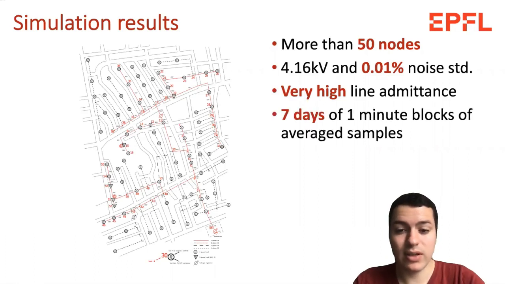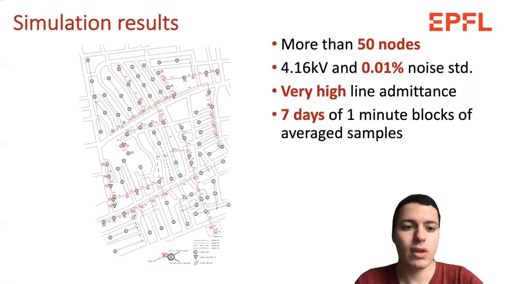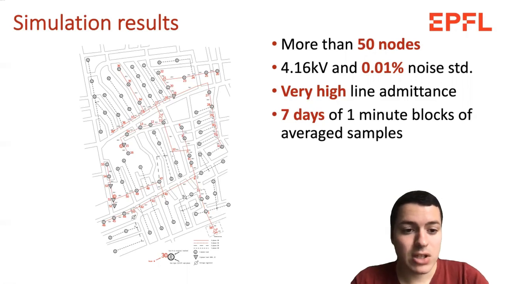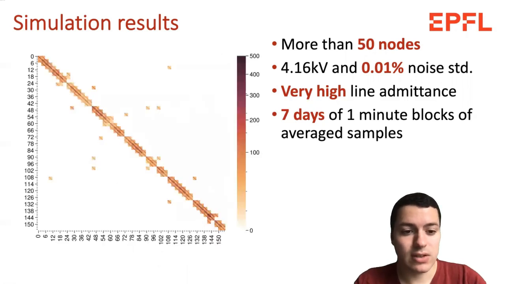Finally, we took 7 days of data in blocks of 1 minute of average samples because the micro-PMUs have a sampling rate of 50 Hertz. This is a lot of data, so block averaging is a way to effectively reduce the noise and the amount of data. So this test bench has the following admittance matrix represented as a heat map.